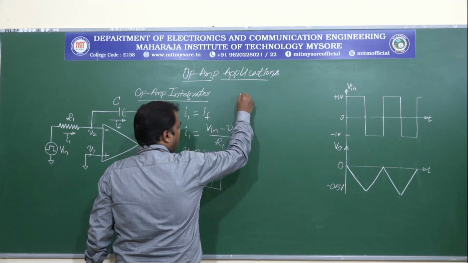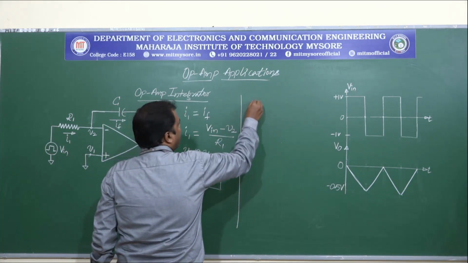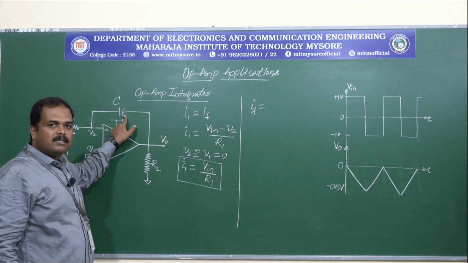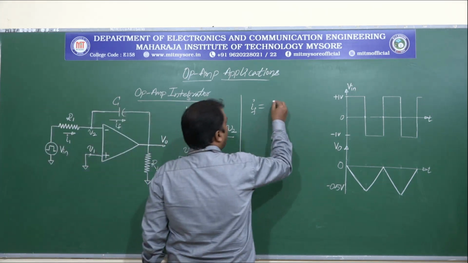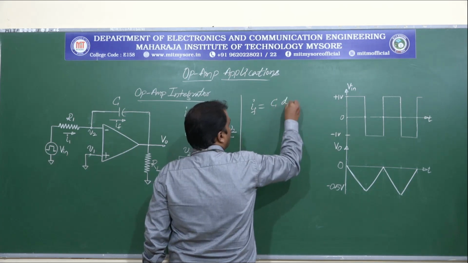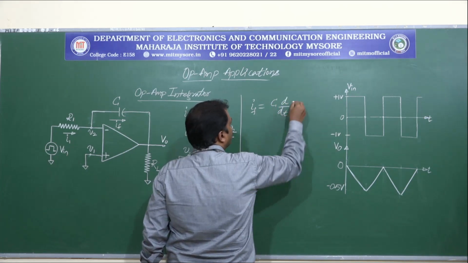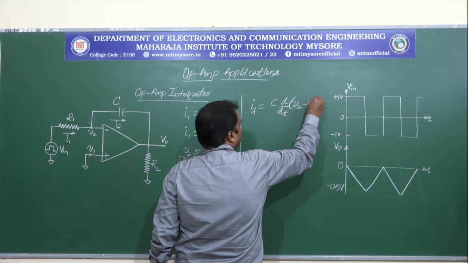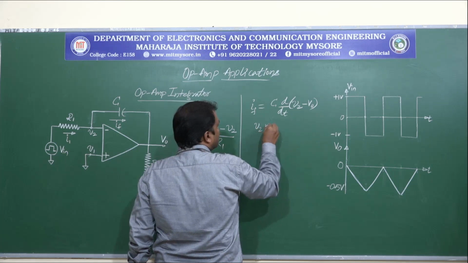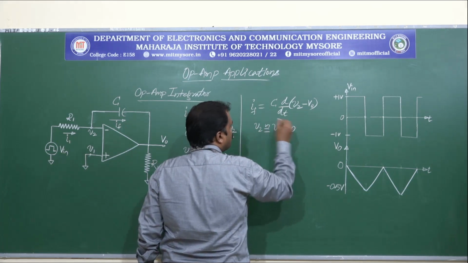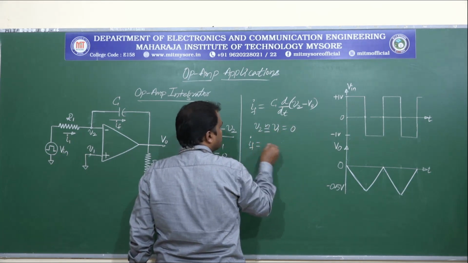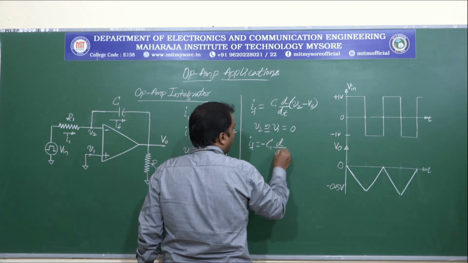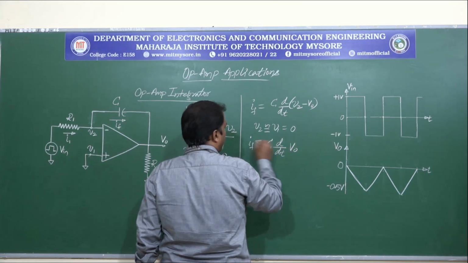Now coming to the feedback path IF, which is charging this capacitance C. This can be written as C into d by dt of the potential difference, that is V2 minus V0, and V2 is approximately equal to V1, which is equal to 0. So IF is equal to minus C into d by dt of V0.